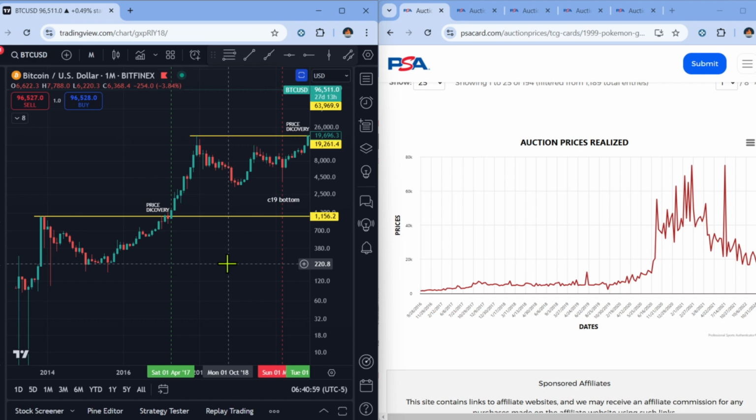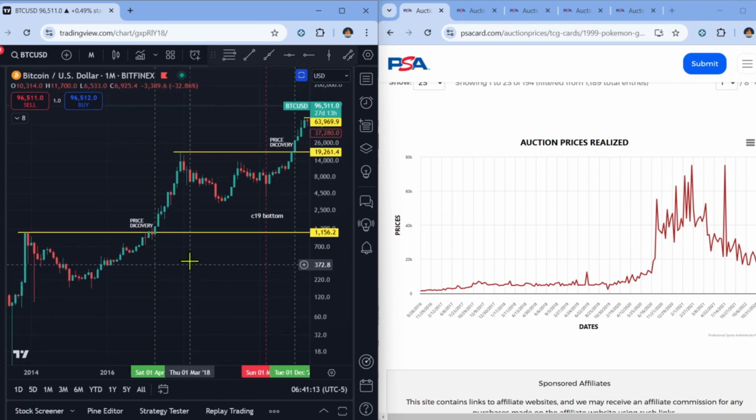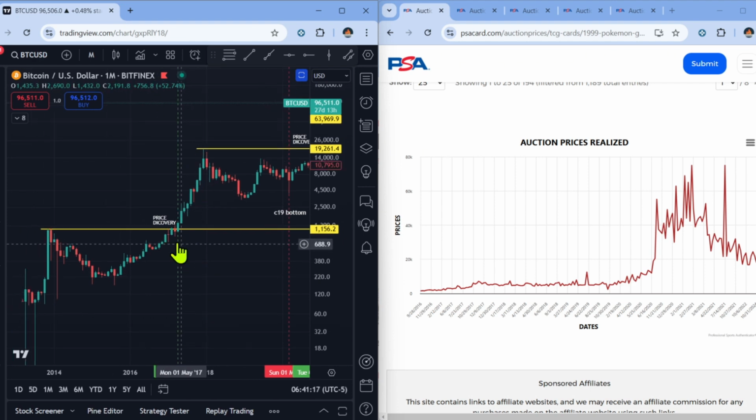We'll go through some other cards as well, but let's start on the Charizard 9, and I'm going to show you what I look at on the Bitcoin chart to see if there is correlation with Bitcoin's price action and the PSA 9 Charizard. The first thing I want to point out is where I've marked price discovery. That means when Bitcoin has entered a new all-time high from the previous one, which is here. Once the price breaches this last high, we're in price discovery.